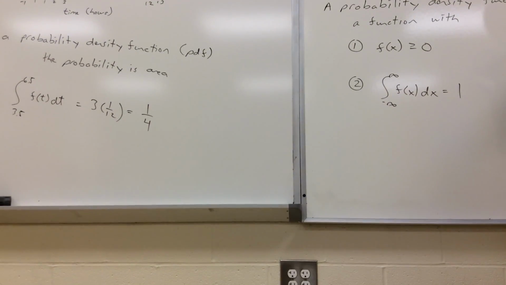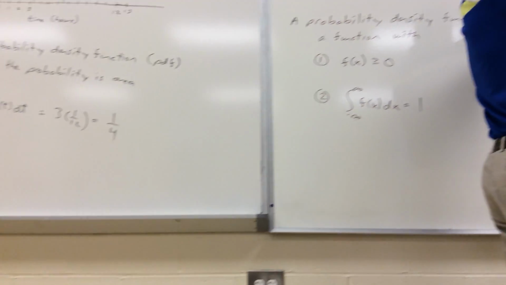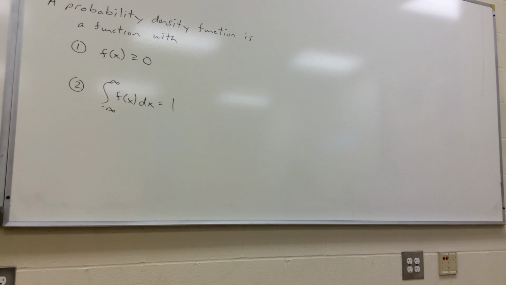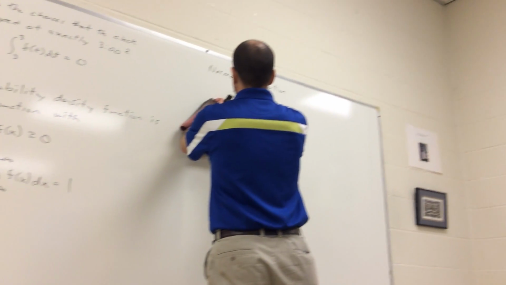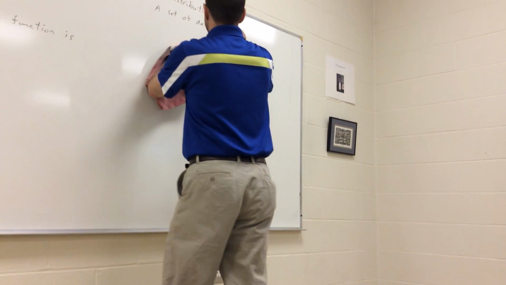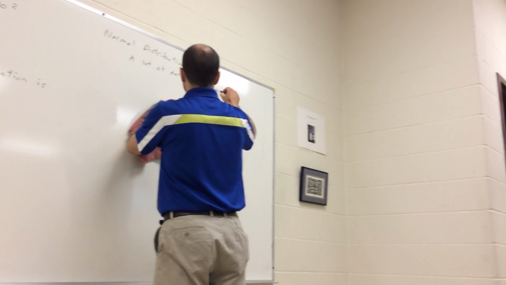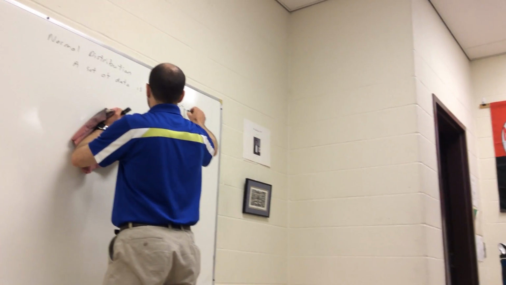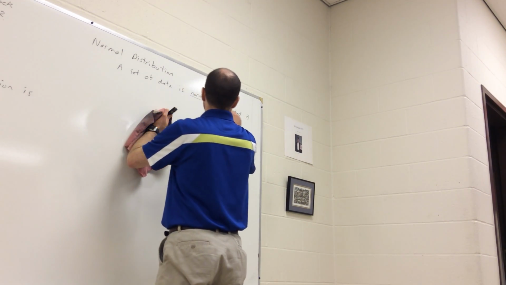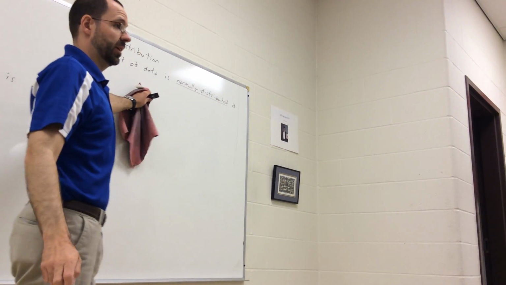Okay, so next we're going to talk about a normal distribution. A normal distribution is a set of data is normally distributed if, so what we're defining here is what it means to be normally distributed.